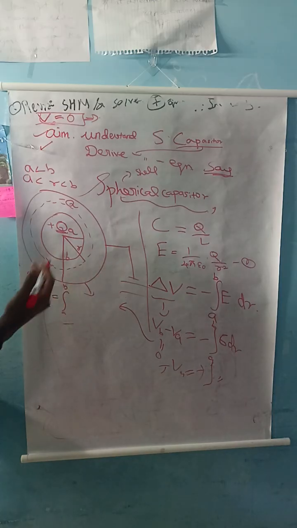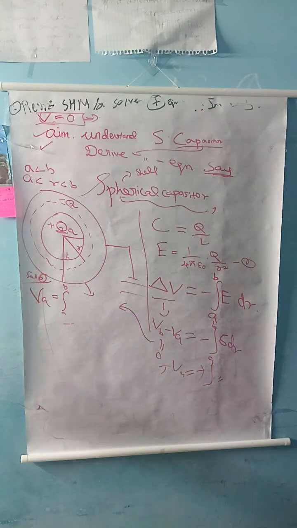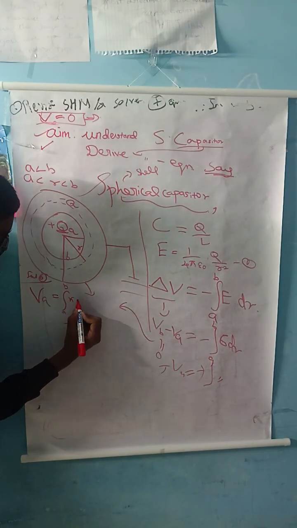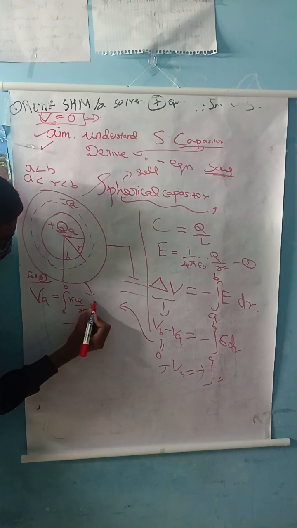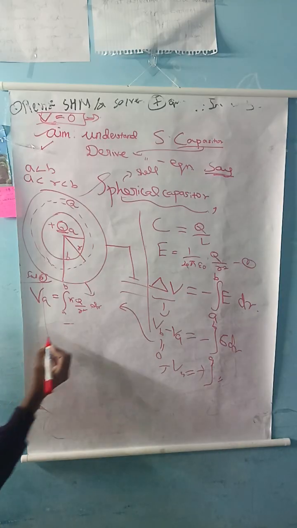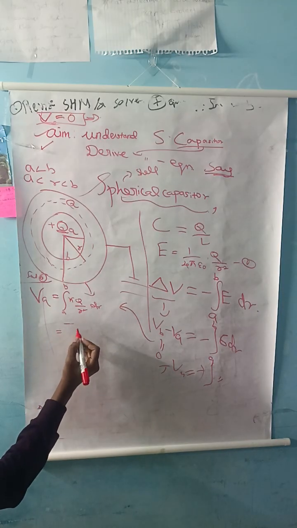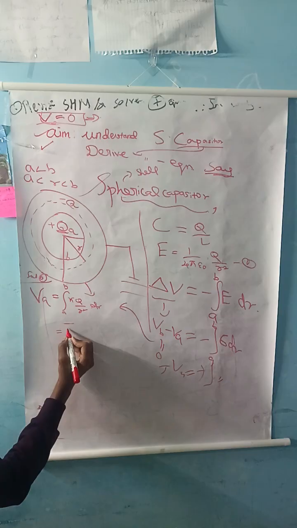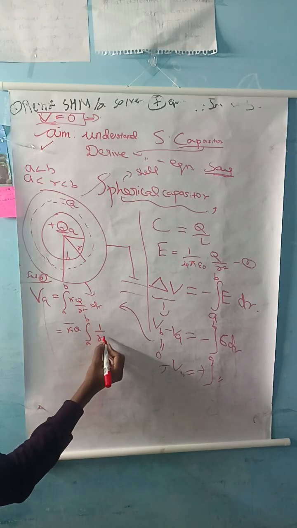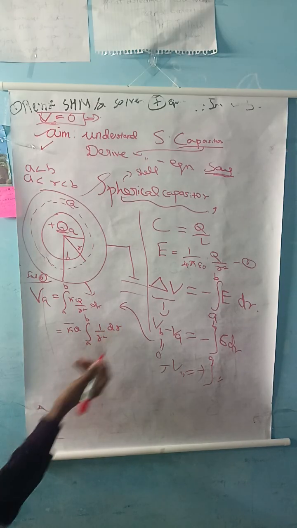When we substitute, we get 1 by 4 pi epsilon naught, let's call it k, times q by r square into dr. Taking k and q outside, we get kq times the integral from a to b of 1 by r square. Let's integrate it.